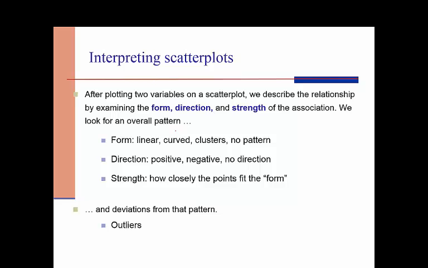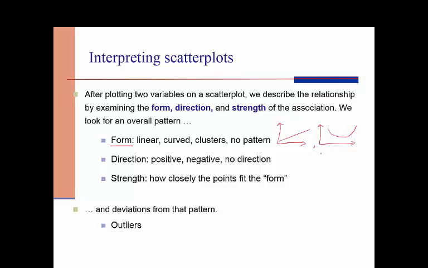Now, when we look at a scatter plot, we're going to talk about three different things to describe that scatter plot. One is the form of that scatter plot, right? That form can be linear, right? It can be curved, right?